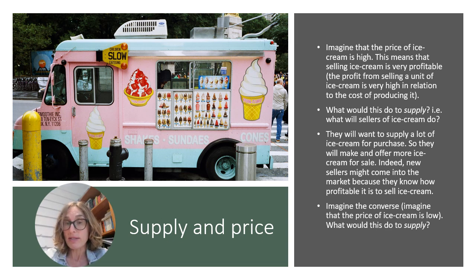Imagine the converse, that the price of ice cream goes down. What would this do to supply? Well, if you were a seller of ice cream, you'd be wanting to supply less ice cream. And you might even think about shifting your capital into other industries where profit margins are higher, if that was feasible for you to do.